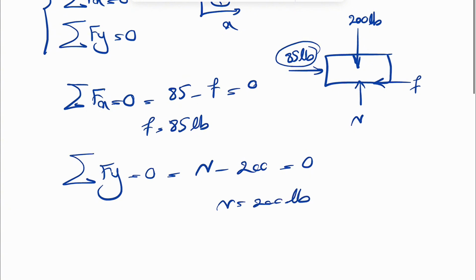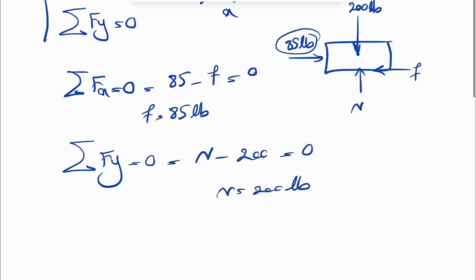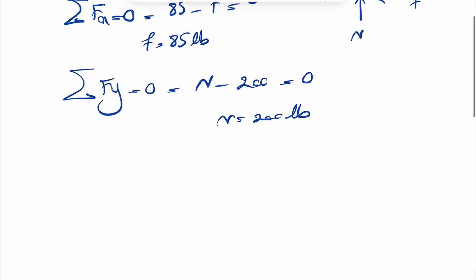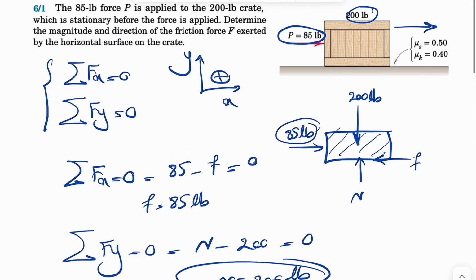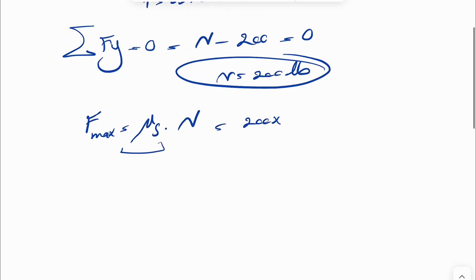But one thing that we don't know is that in order to start moving the crate, we have to pass the maximum friction. We know the maximum friction would be mu s, which is the static coefficient, times the normal force. We figured that the normal force is 200 pounds, and we have the static coefficient as a given in the question, 0.5.